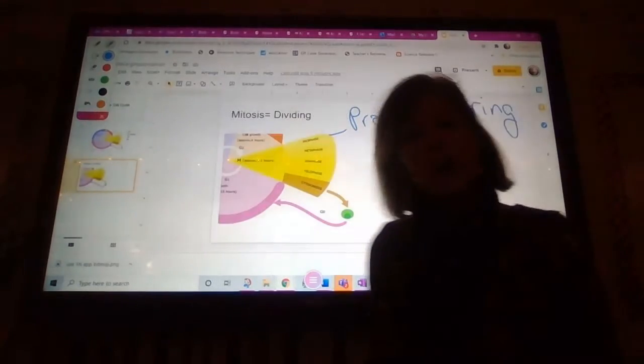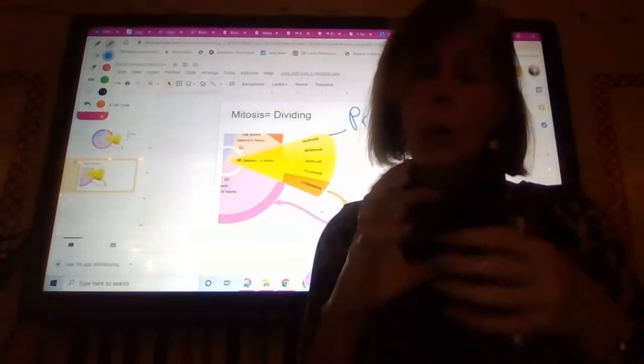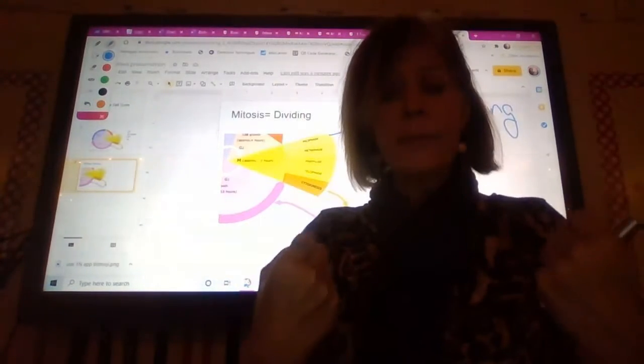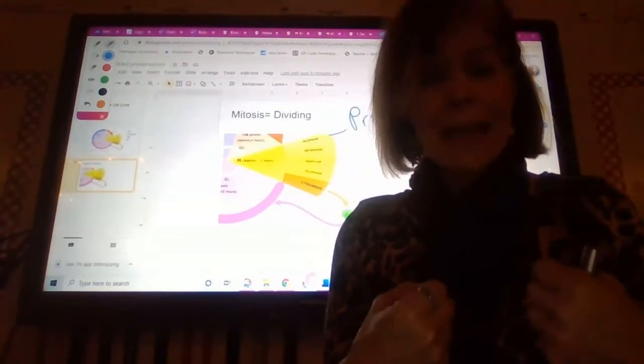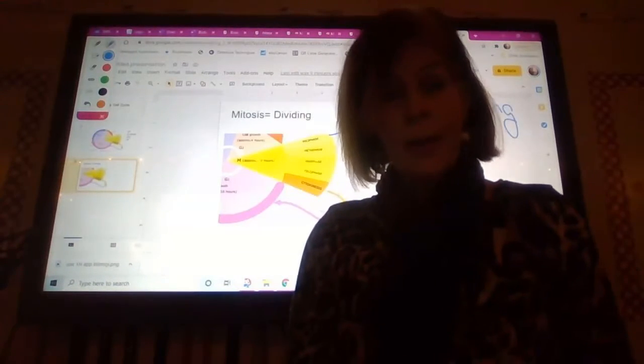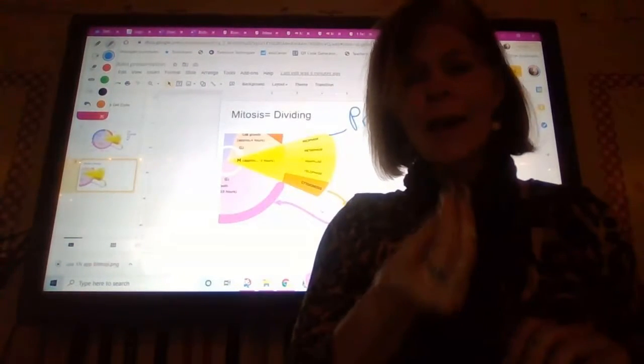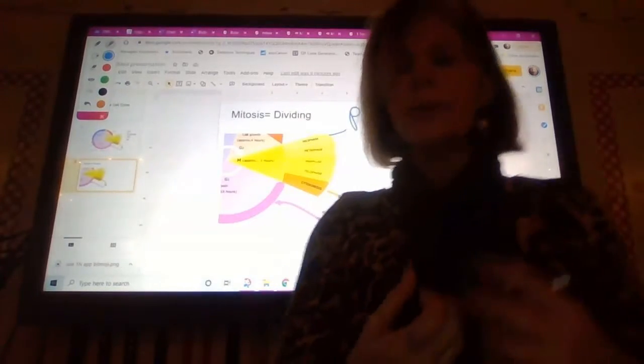Okay? You start to see the chromosomes because they're now thicker in order to protect them in dividing. Remember, the key tenet of biology is form fits function. So it needs to protect that DNA because it has all the instructions.